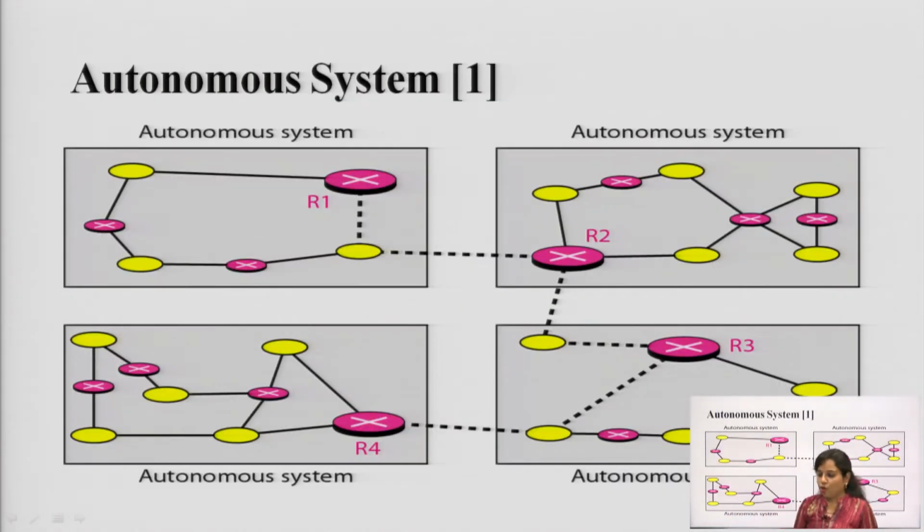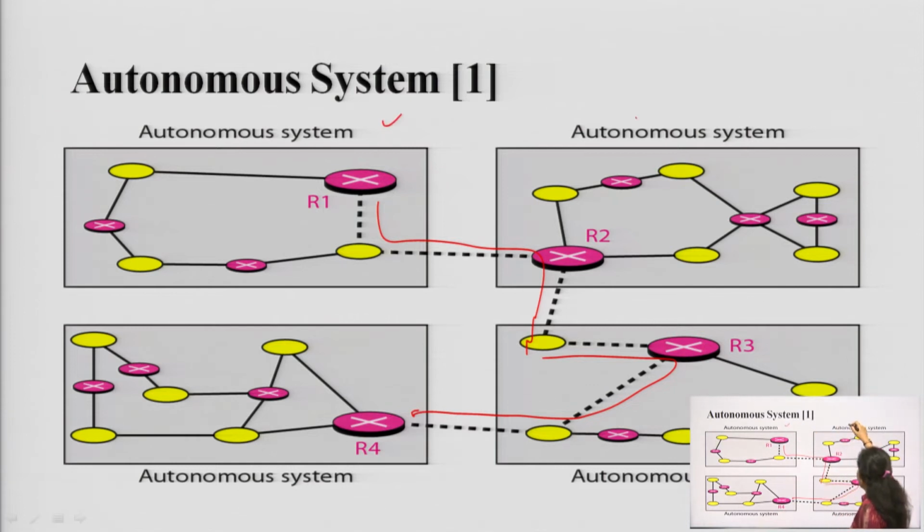So, this is an autonomous system. You can see 4 different autonomous systems, meaning 4 different independent networks which are connected here, and the data will follow this path, like you can see with this dashed line. This is the first autonomous system, this is the second, this is the third, this is the fourth.